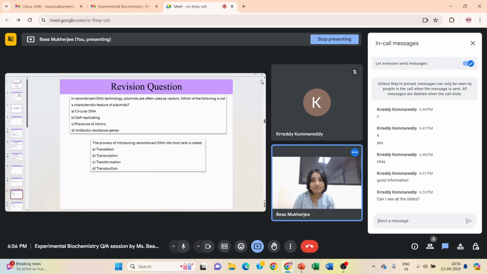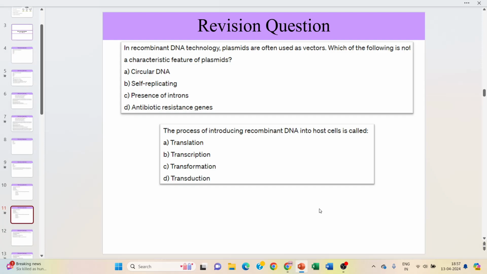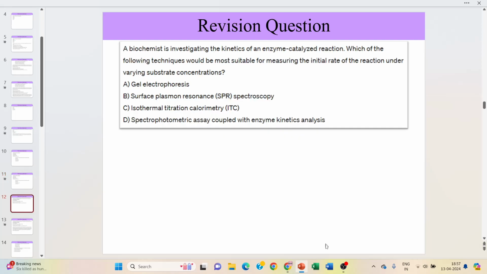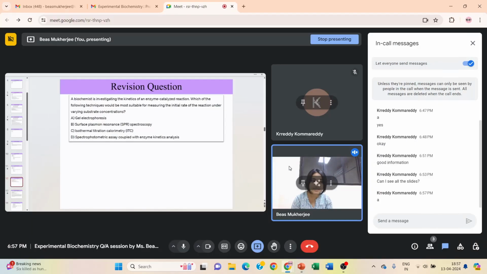So, what about the next question? The process of introducing recombinant DNA into the host cells is called. I am sure you know the answer. Yes, it is transformation. So these are the two answers, right? In the next one, there is a small experiment. Yes, right. So you're even answering.